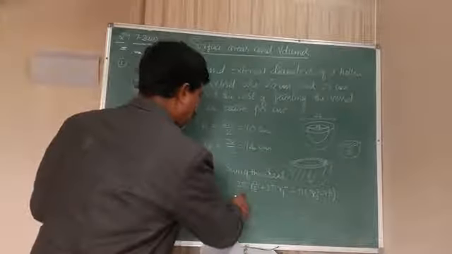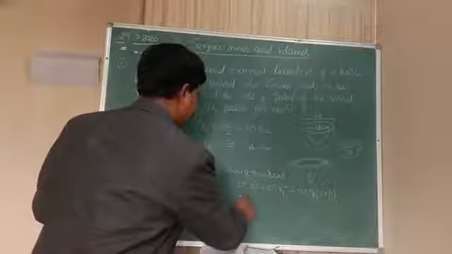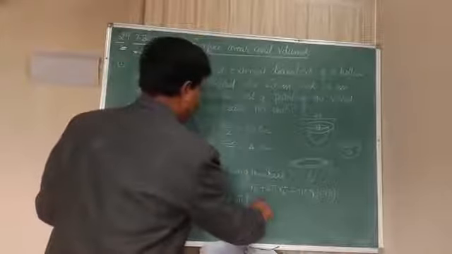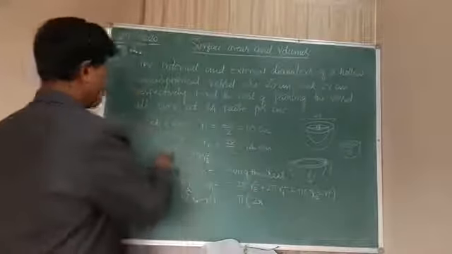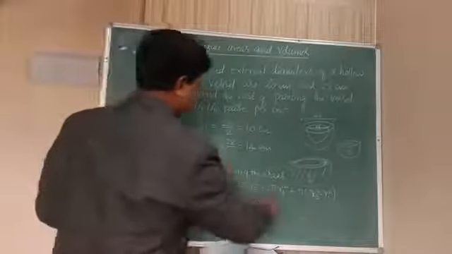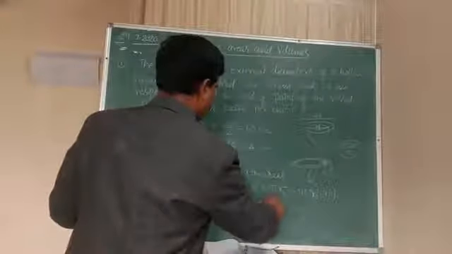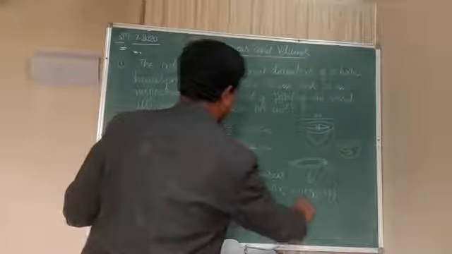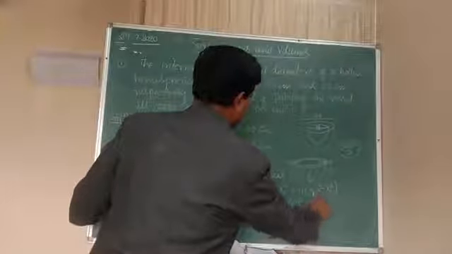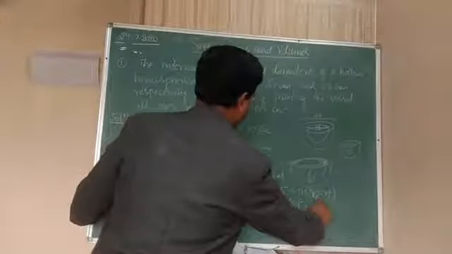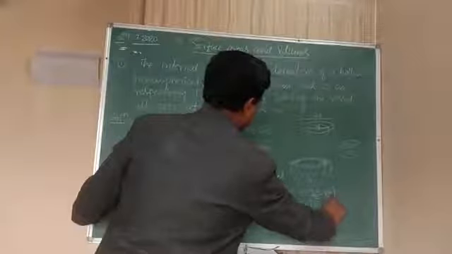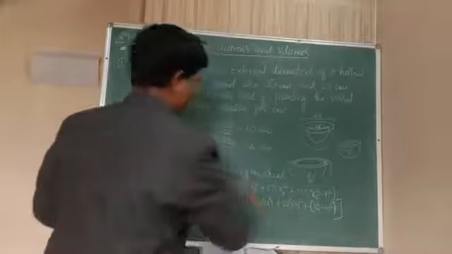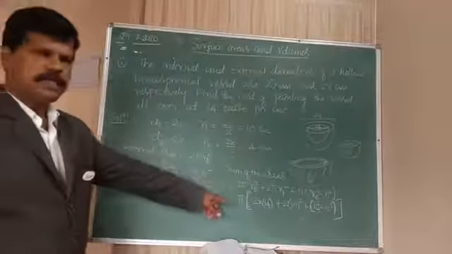In this, what I can write is, take pi as common, then what is left is 2 into Re square, that means the radius of the external hemisphere, 14 square, plus 2 into 10 square, plus Re square minus Ri square, that is 14 square minus 10 square. Are you clear on this?